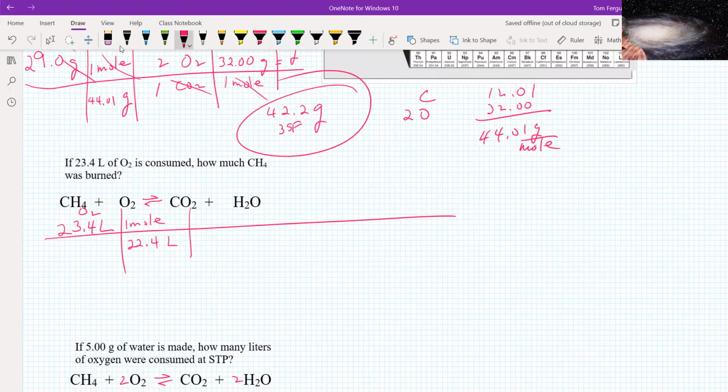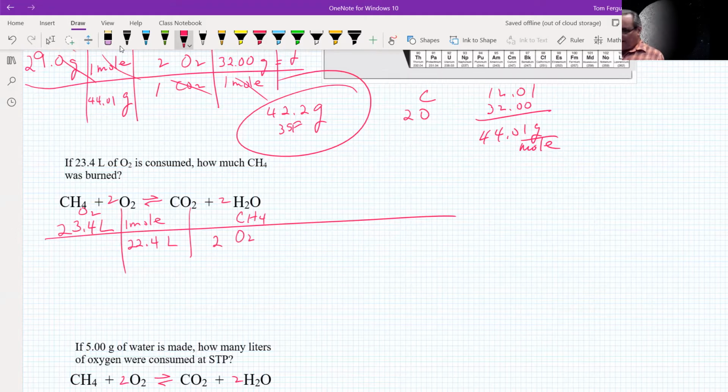That gives us 2 moles of oxygen gas. The middle step is going to be the coefficients from the balanced equation. So the oxygen has got 2, the methane 1.